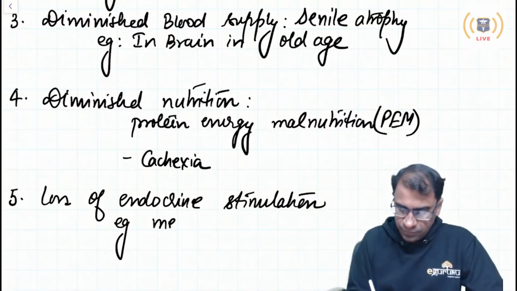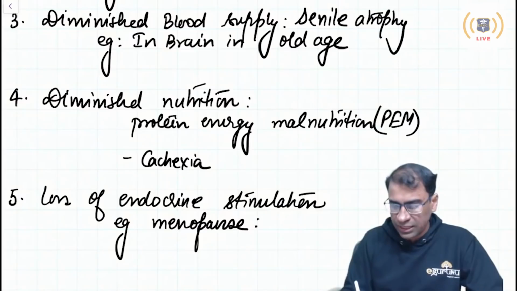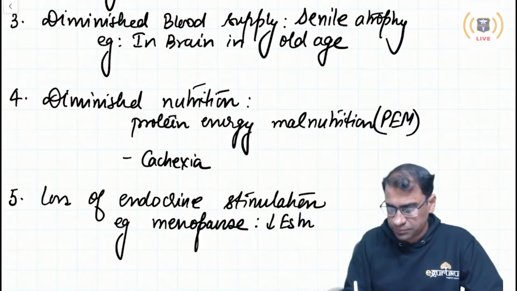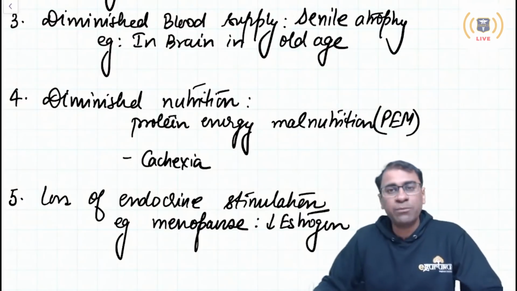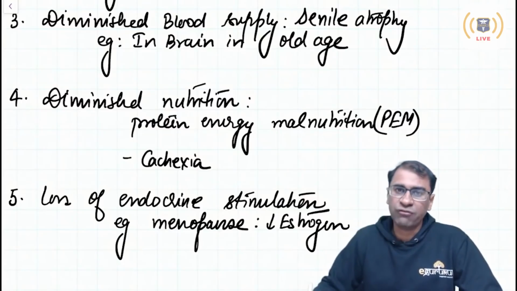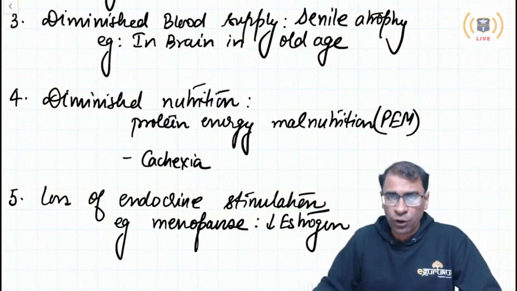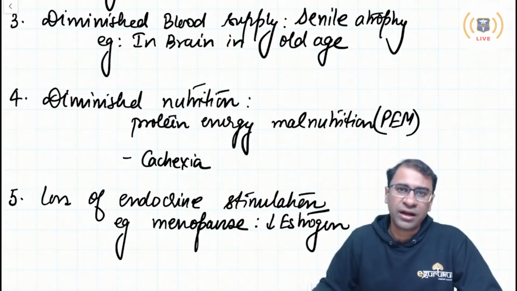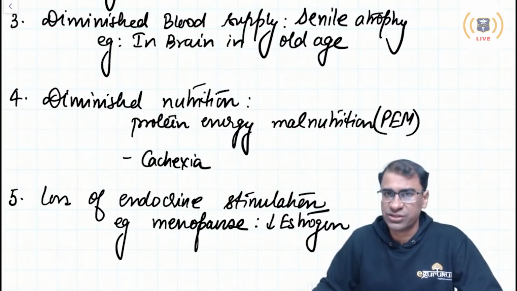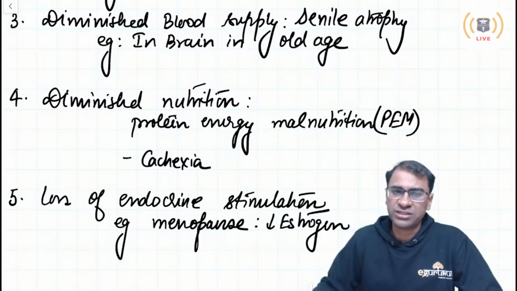Example, after menopause, there's reduced estrogen, and because of reduced estrogen, what happens? There is a reduction in the size of the uterus and the breast.